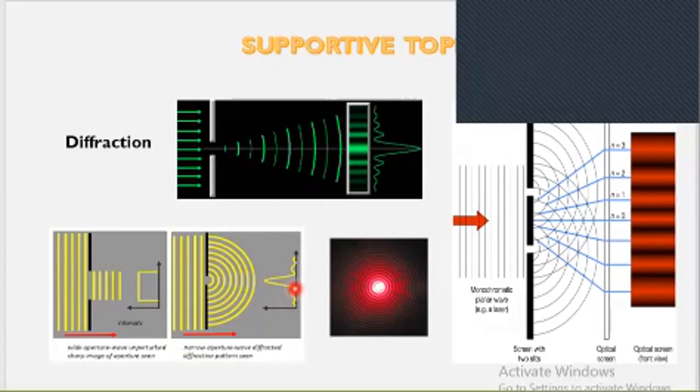Now it is something like that. Here we can see in the center we have the strongest peak of intensity, and then the intensity gradually decreases on both sides. So this is the profile of the intensity of the light that we obtain after diffraction.